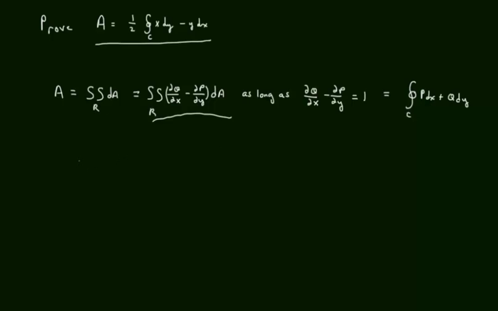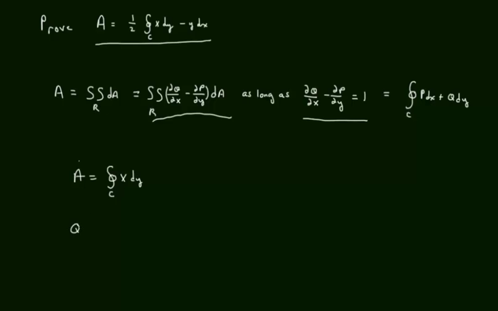So let's take a look at this. Can you come up with a P and a Q that has the property here? Let's take a look. We can say that the area is equal to the closed line integral x dy. Now let's see, why is that true?